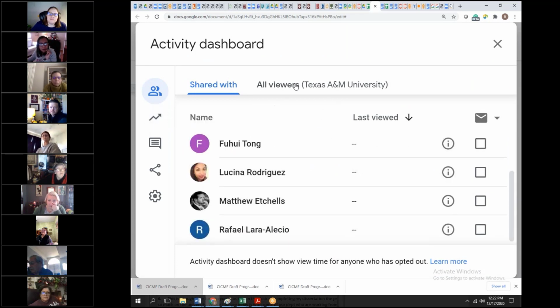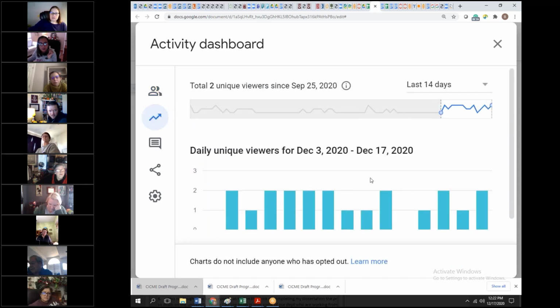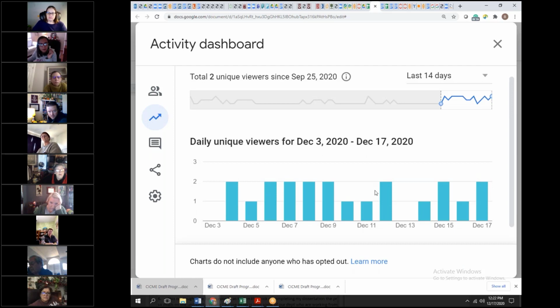So we could look. Where are they though? I don't see. It's that second squiggly arrow down, Dr. Irby. You're on who the document is shared with, and you're looking at your trend.